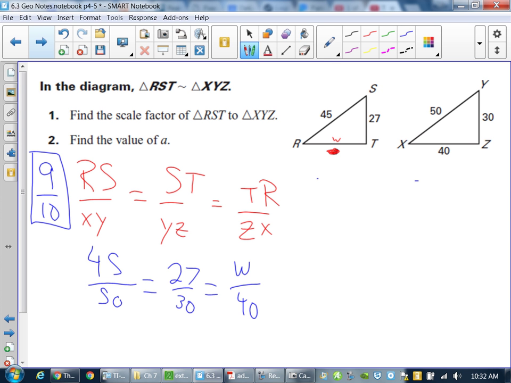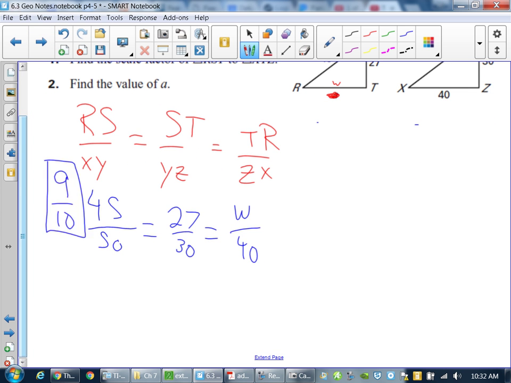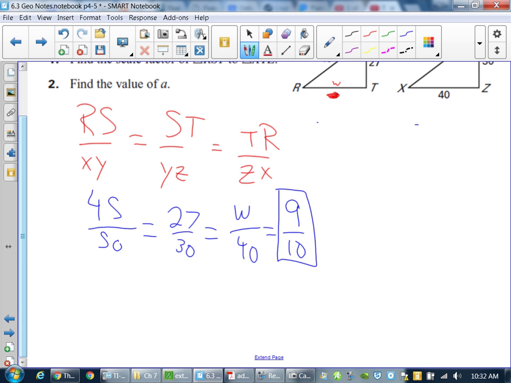When you're using scale factor, it's an easier fraction to work with as opposed to 27 over 30. Could you use 27 over 30? By all means. You all have calculators, so it's not a big deal if you use the larger number. It's easier when you have smaller numbers because a lot of that can be done in your brain.